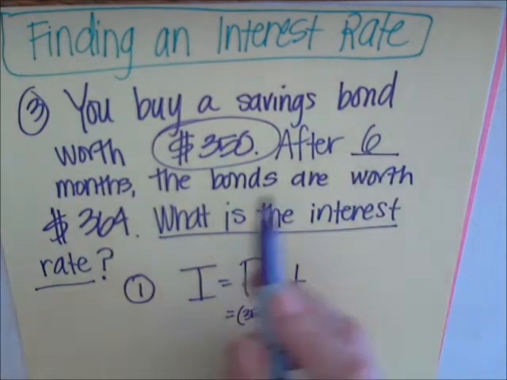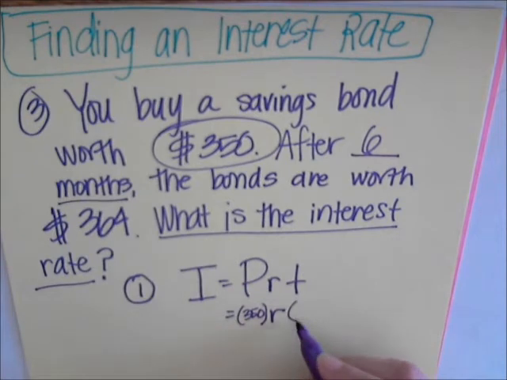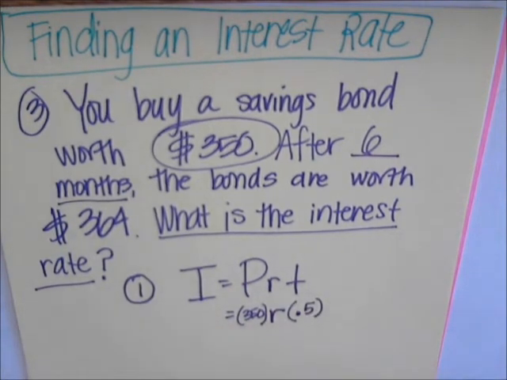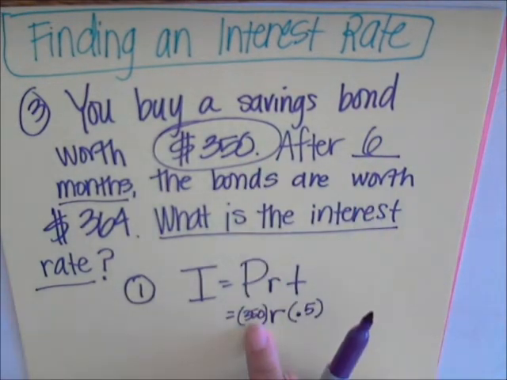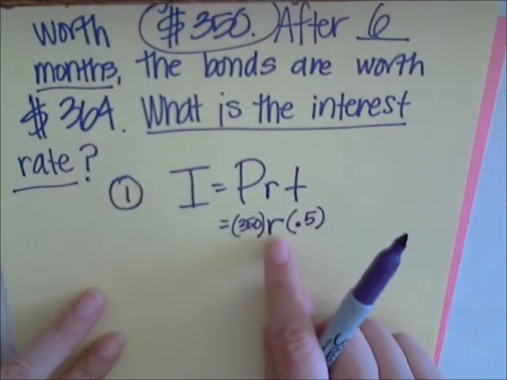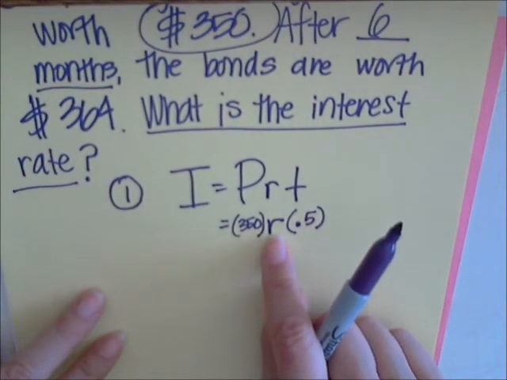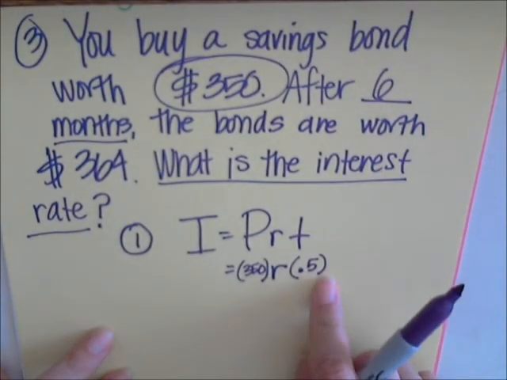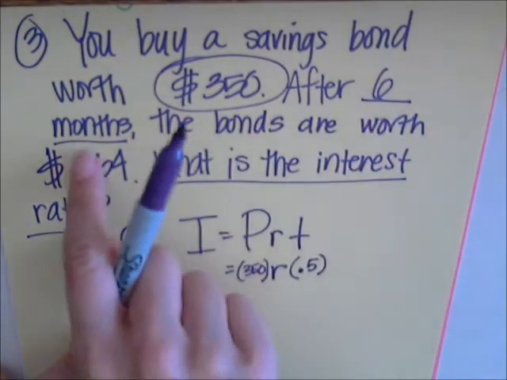The time, 6 months, well, 6 months is half a year. I'm going to use 0.5 because 0.5 is equal to half a year. So far I've plugged in the principal, which is $350, and 0.5 for half a year, which is the 6 months. The rate remains unknown.